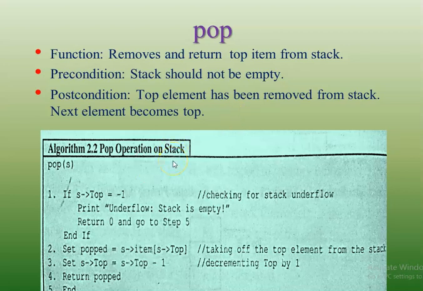So these are the 5 operations available with stack. Which are they? Is full is one, is empty is another, then push operation for adding an element, pop operation for taking out an element, and peep operation for seeing the topmost value in a stack.